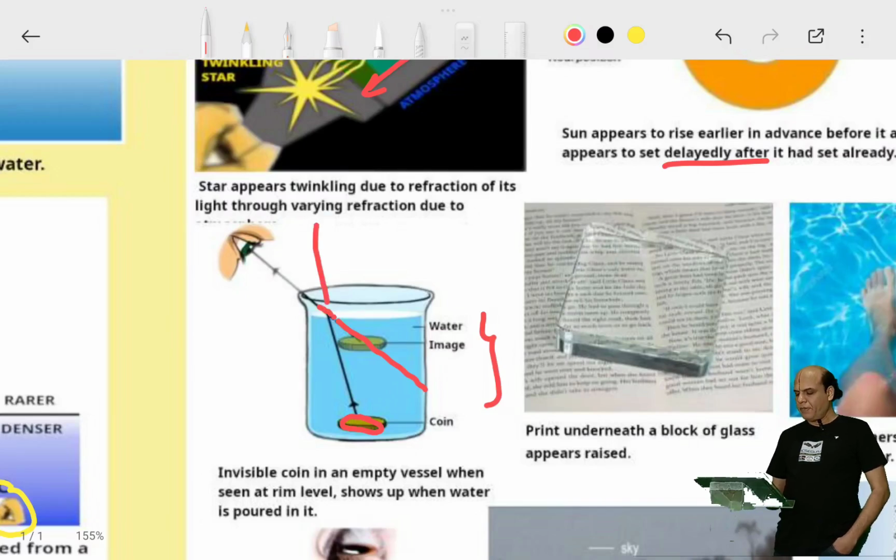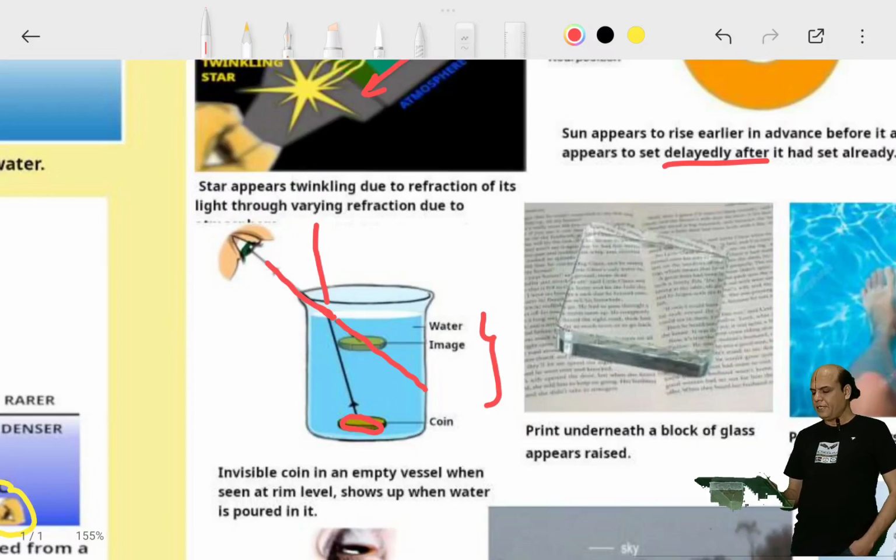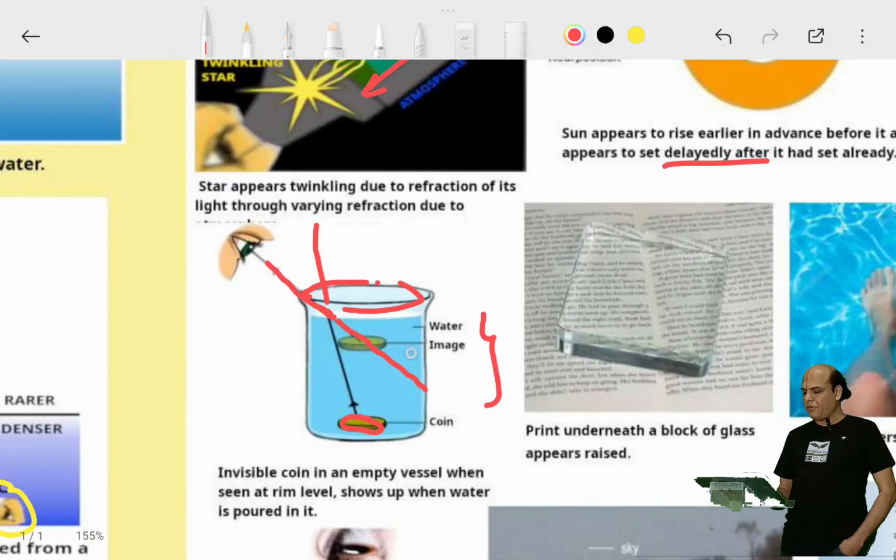But when we fill this beaker with water, at this boundary surface, this incident ray will get refracted and reaches the observer. So initially the observer watching above the rim of this beaker cannot see any coin inside the beaker. But as you start pouring water, after it reaches this point, he can see the coin, although he could not see it earlier. This is due to refraction.